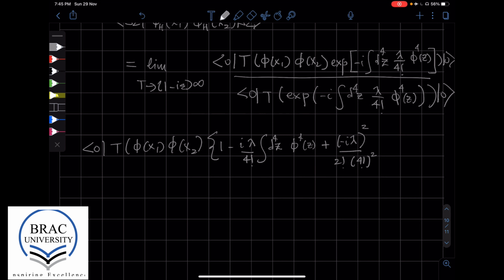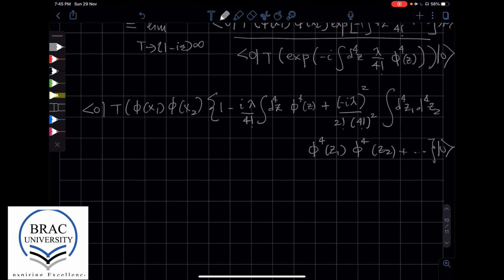And then we're going to have two integrals, one over d4z1, another one d4z2, and then we'll have phi to the power 4 of z1, phi to the power 4 of z2, and then higher order terms. And then ending with a vacuum ket.